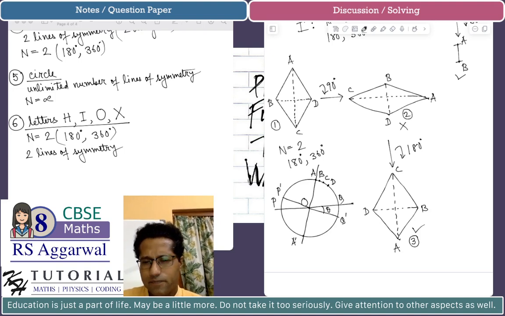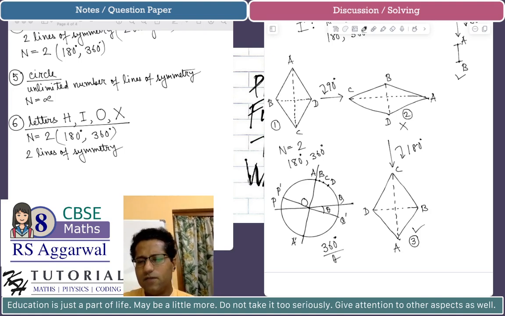Now this theta I can take very very small, and for any value of theta, the circle will look identical. So how many rotations can I make until a full rotation is complete? That will be 360 degree by theta.